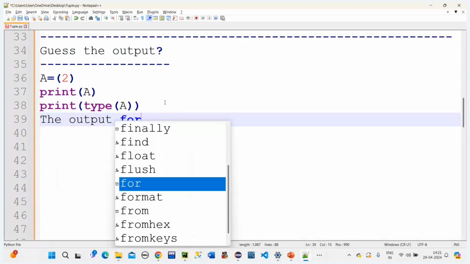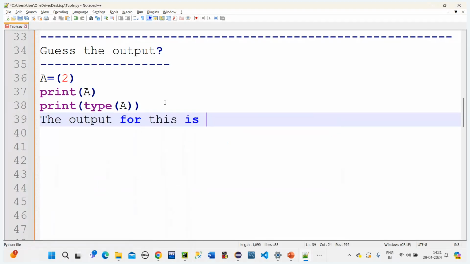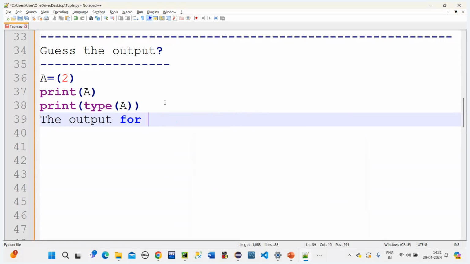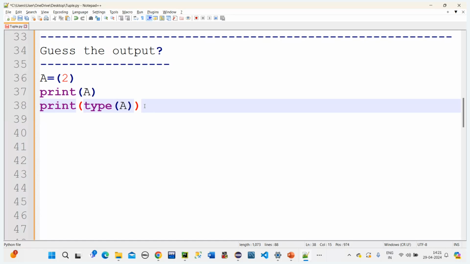The output for this is int. The type is, yeah, here. It is int. This is int, guys.